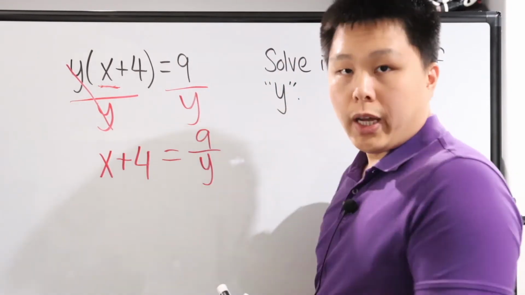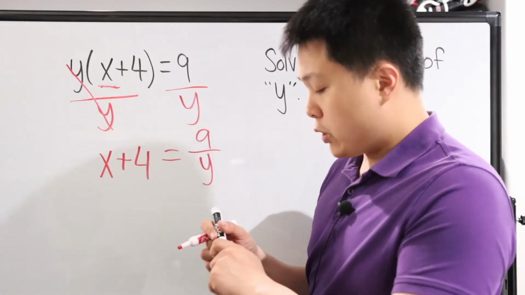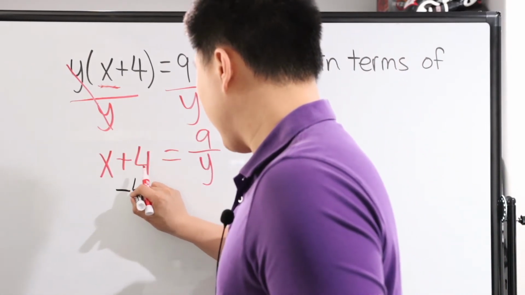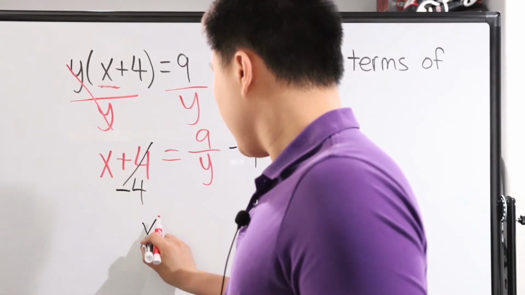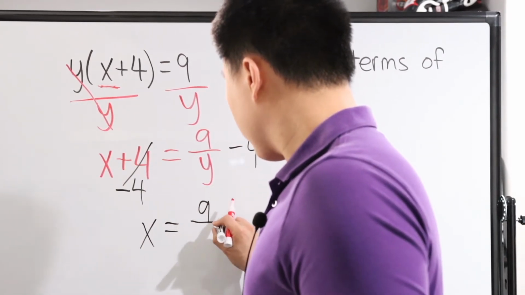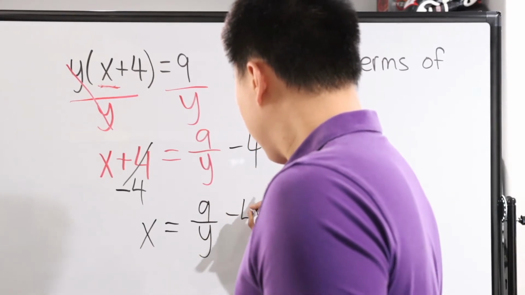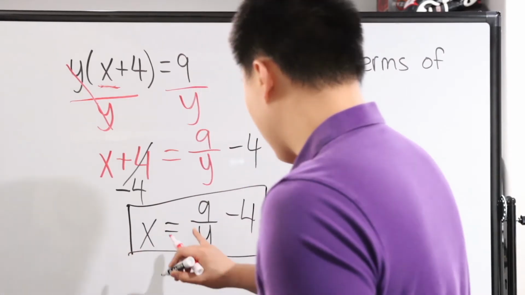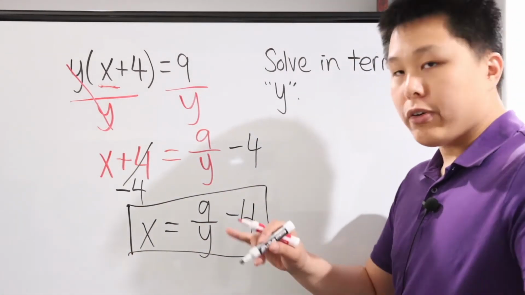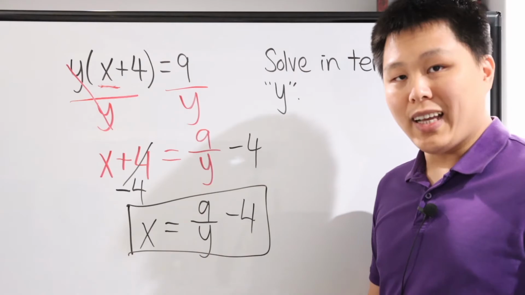Now, x is not by itself yet, so we just have to get rid of this guy. We just subtract 4 right here. This goes away. Now we have x equals 9 over y minus 4. Now this is the answer. You can manipulate it however you want. If you want to make sure they share the common denominator, that's fine. But in the end, this is the answer.